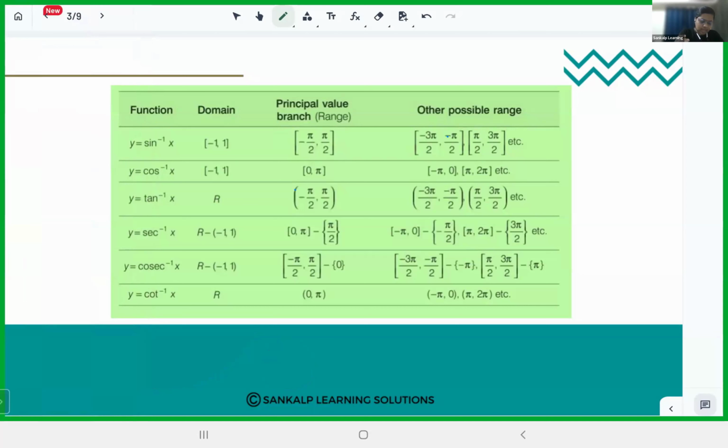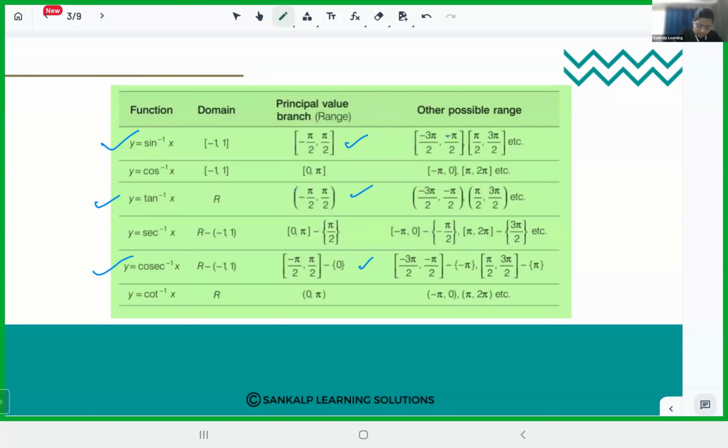We have grouped y equal to sine inverse, similarly tan inverse, and the reciprocal of sine inverse, cosec inverse, into one, because all these lie within the principal branch, like minus pi by 2 to pi by 2, but there is a slight difference. We group these three together, isn't it? This is just to memorize the domain and the range of the functions.